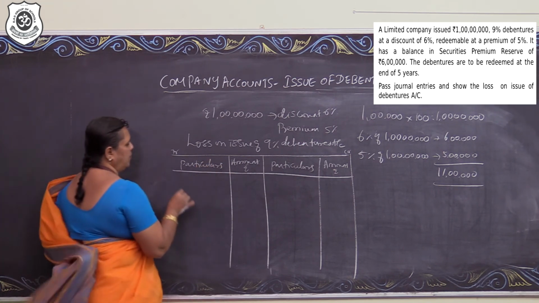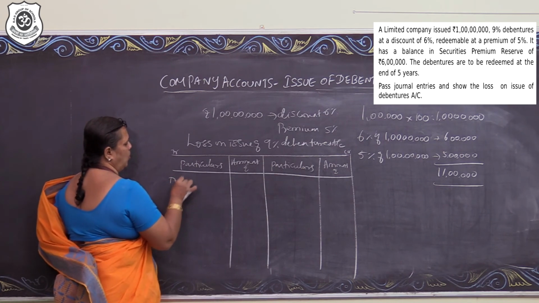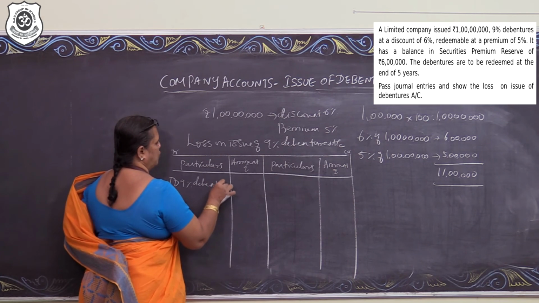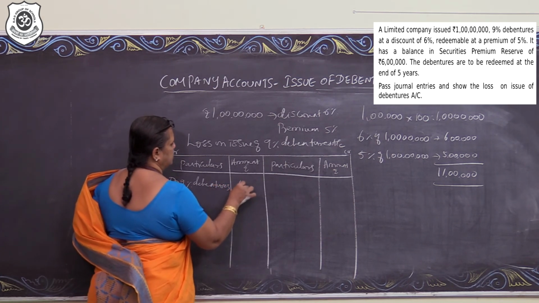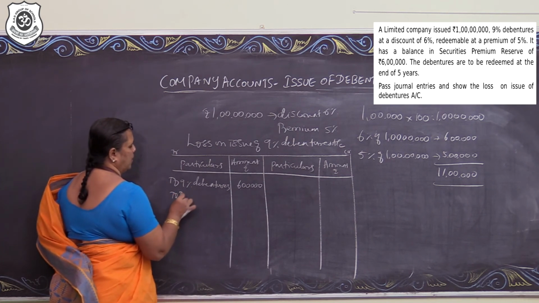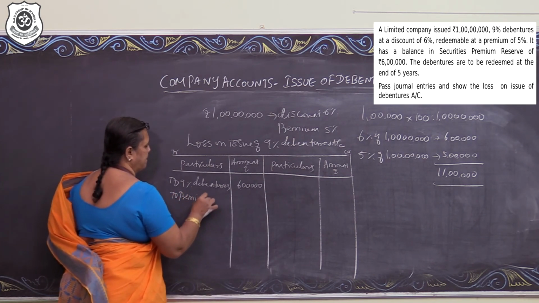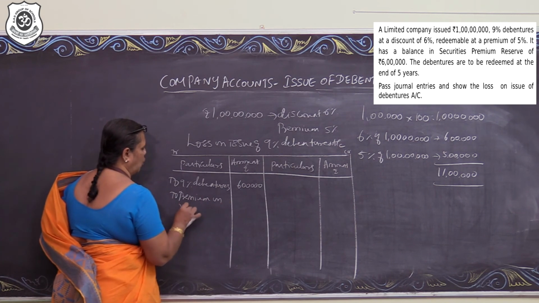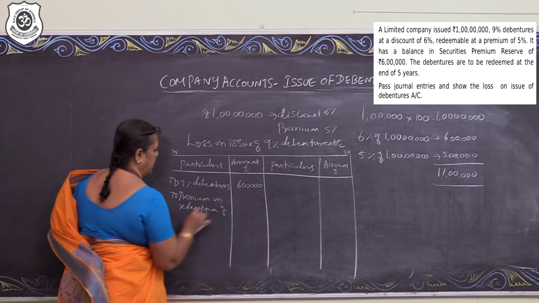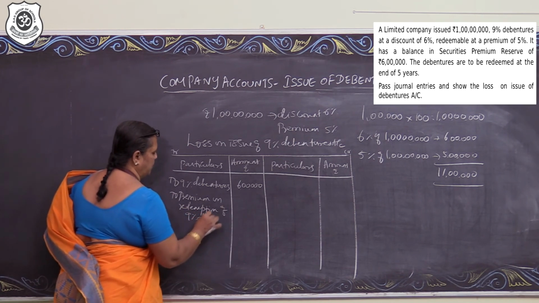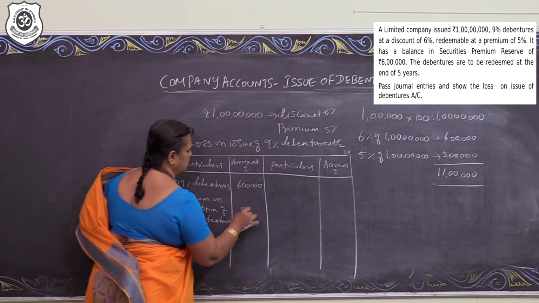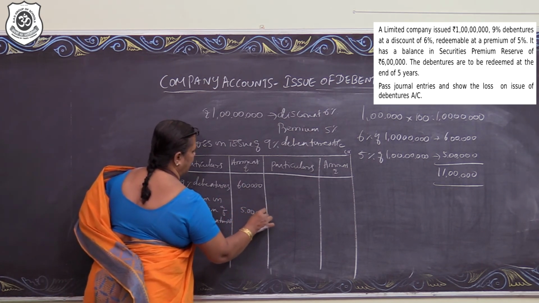So you have here two 9% debentures account for the discount amount, which is 6 lakh rupees, to premium on redemption of 9% debentures account will be the loss on debentures, which is 5 lakh rupees.